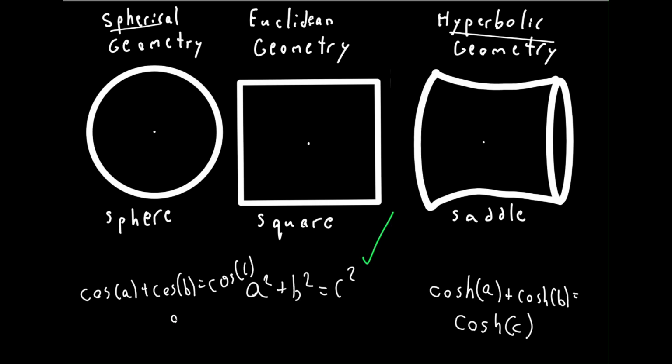Well, cosine is the adjacent side over the hypotenuse. And hyperbolic cosine is e to the power of x plus e to the power of negative x divided by 2.